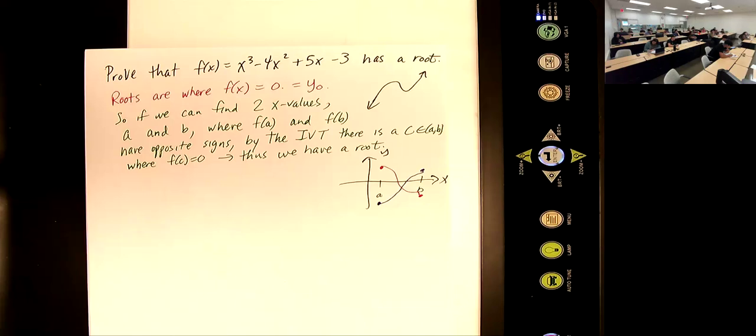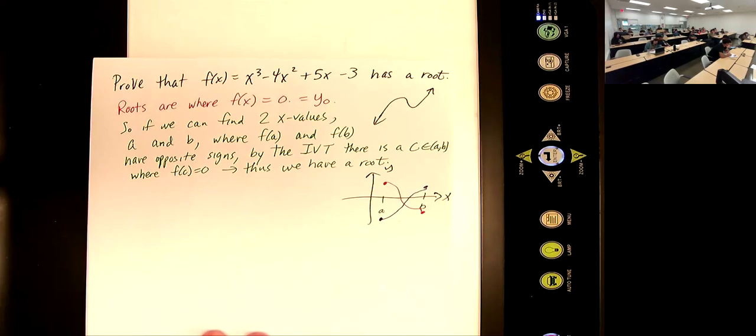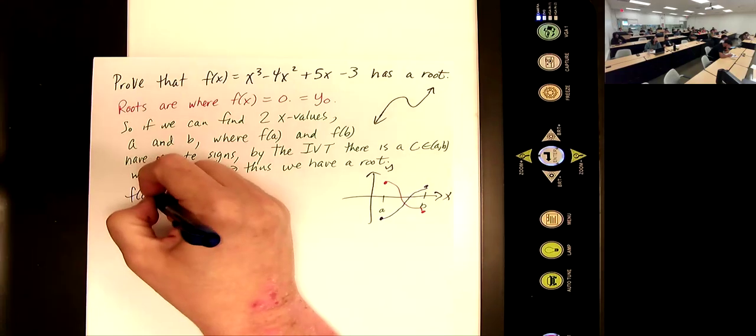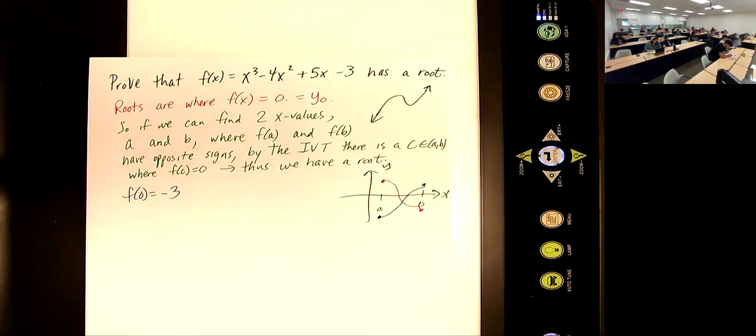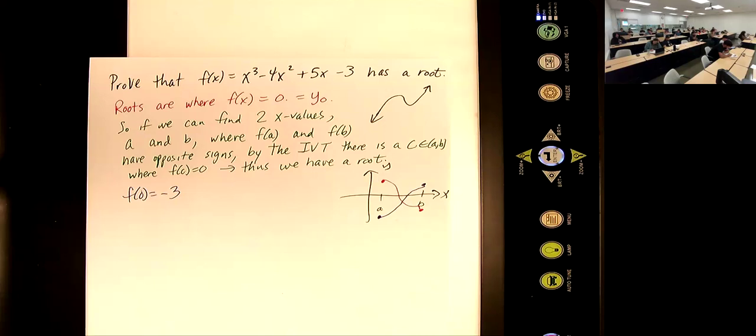Start with easy numbers. The easiest number to plug in and get a value for without a calculator is 1. That's an easy number, but not the easiest. 0. f of 0 is, all the x's go to 0, it's negative 3. But I like 1, 2.